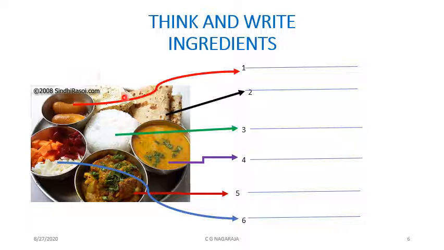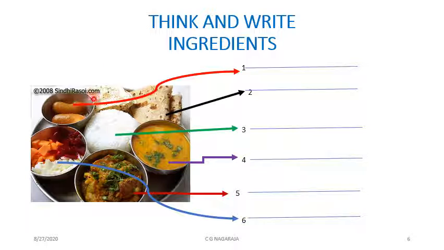Now here the same image is shown, but I am asking you to think and write ingredients for this. I gave the example food item 1 as jamun. Now let's say what jamun contains.